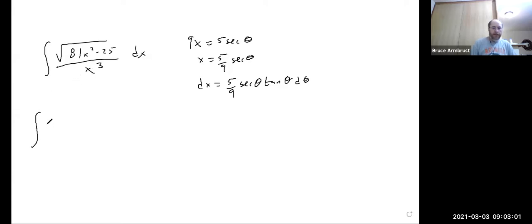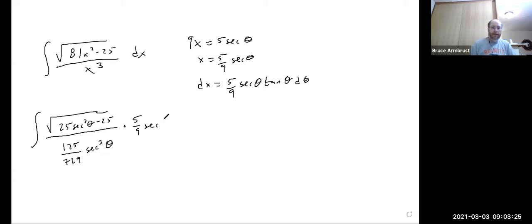So we're going to get the square root of 25 secant squared minus 25 over 125 over 729 secant cubed. That's that 5/9 secant cubed. And then dx, we're going to 5/9 secant tangent. And there's all kinds of simplification that's going to happen here.